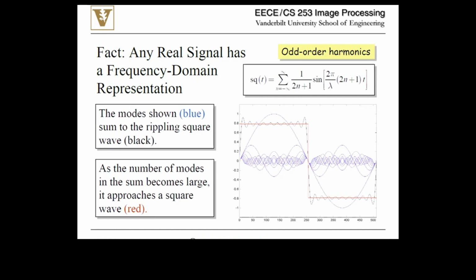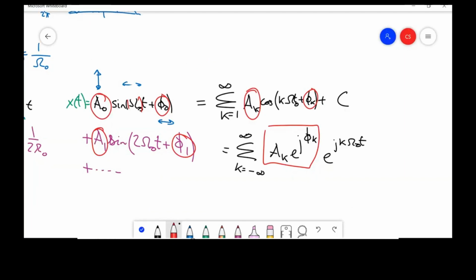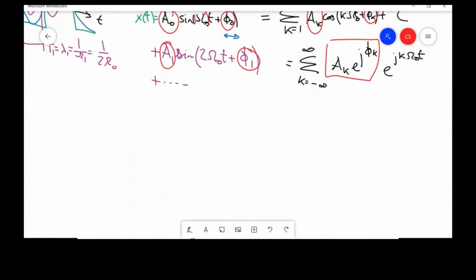And you recognize here all the ingredients that we have. So let me copy it. What do we have?